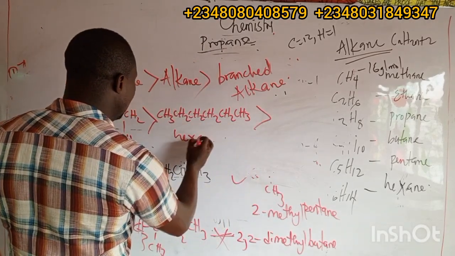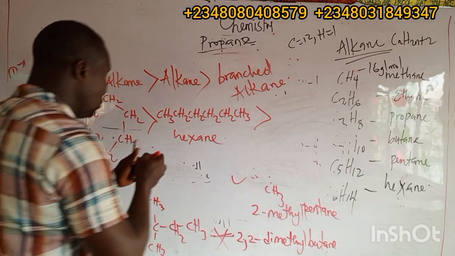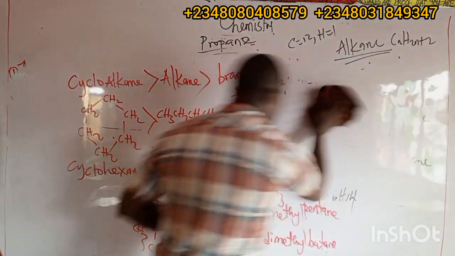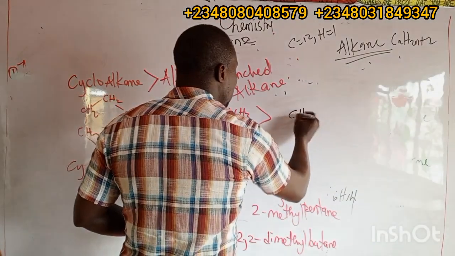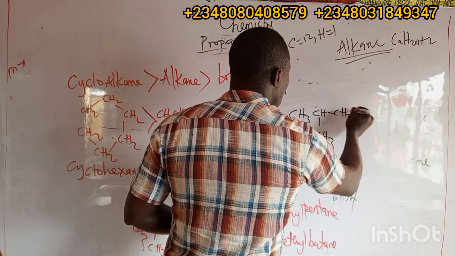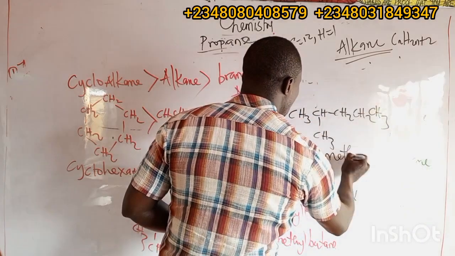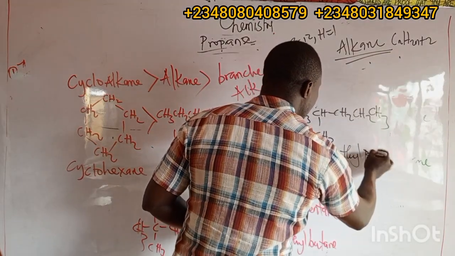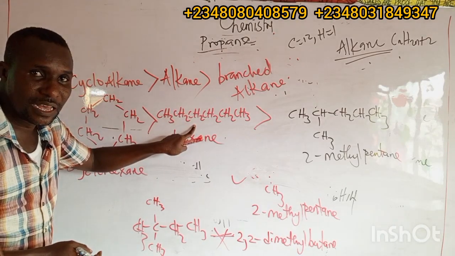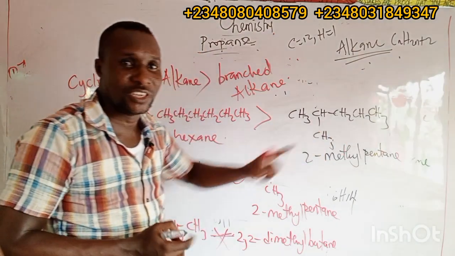Now this one, CH3, CH2, CH2, 1, 2, 3, 4, 5, is 2-methylpentane. The cyclo one has higher boiling or melting point than this, and higher than the branched one. Take note of that.